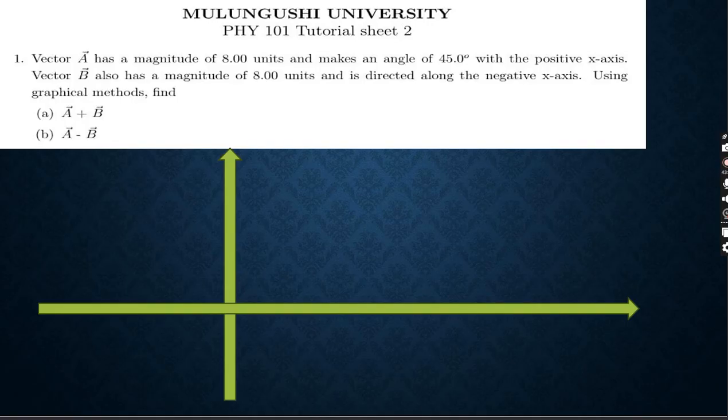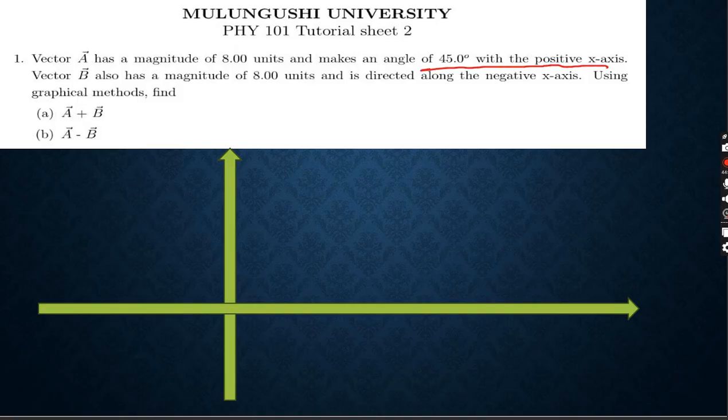Okay, so this is now from sheet 2 physics 101. The vector A has a magnitude of 8 units and makes an angle of 45 degrees with the positive x-axis.